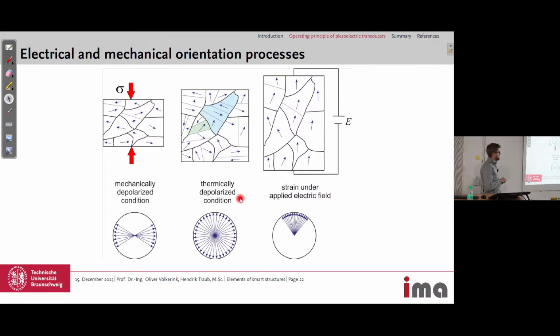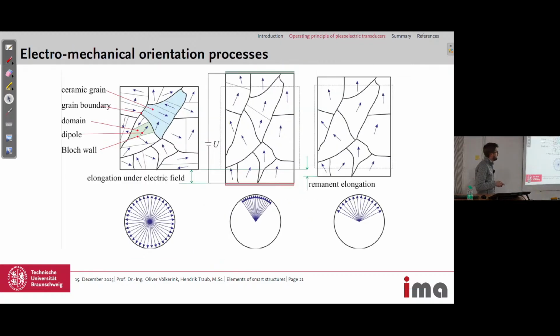So what do we have to do to depolarize it thermally? Do you have an idea? Electric field, reverse? No. So this is the spontaneous polarized state, then you apply the electric field, and if you remove the electric field, it's still polarized, but not as strongly as under the electric field, and it does not go back to the depolarized state.